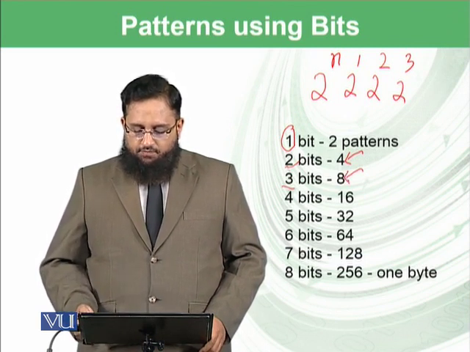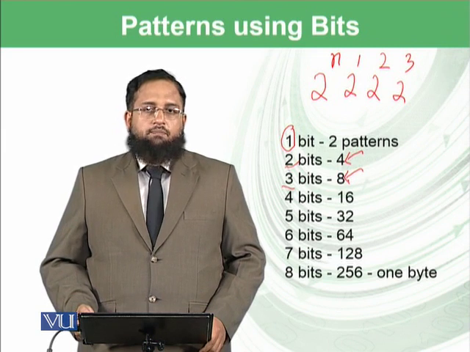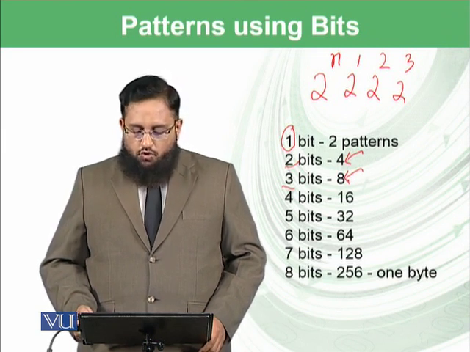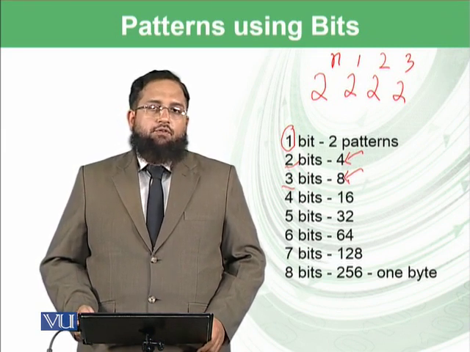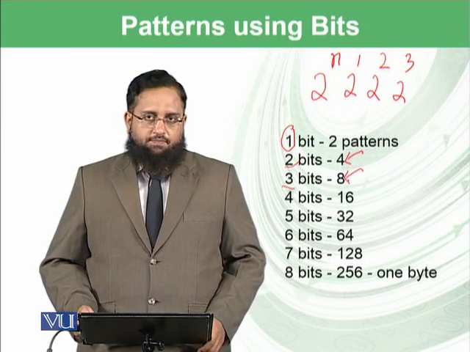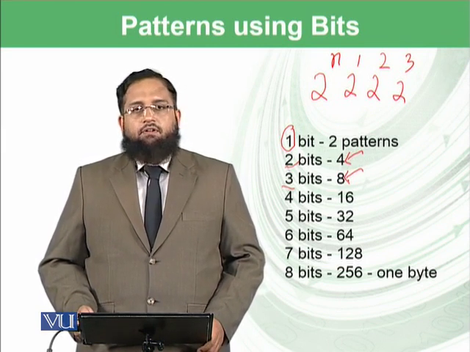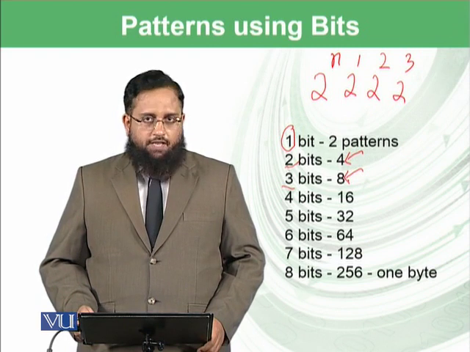So this means with 8 bits or 1 byte, we can store 256 different patterns, and each pattern can represent one particular thing.